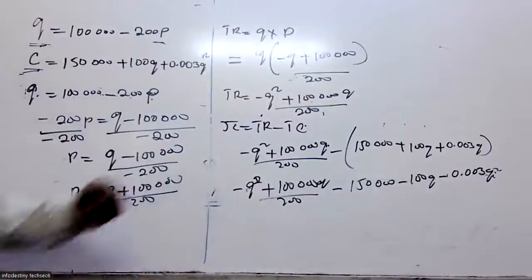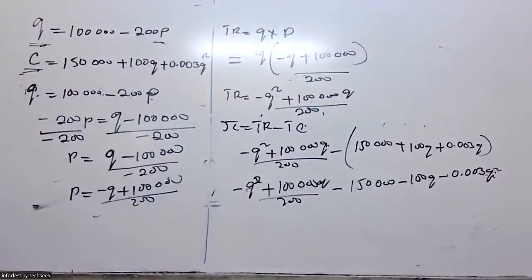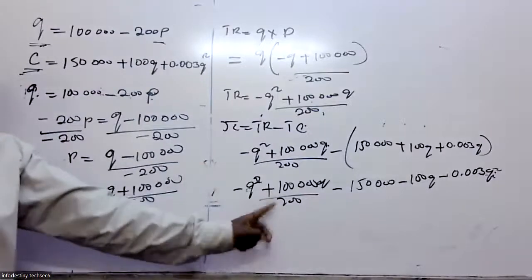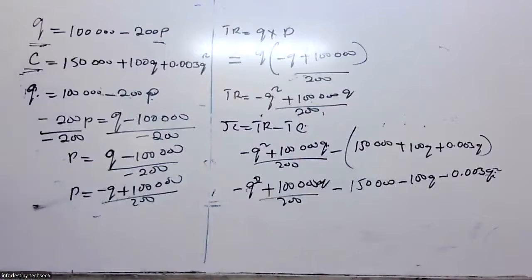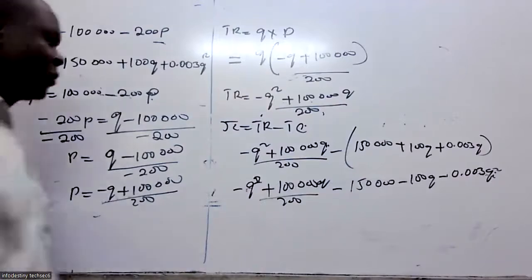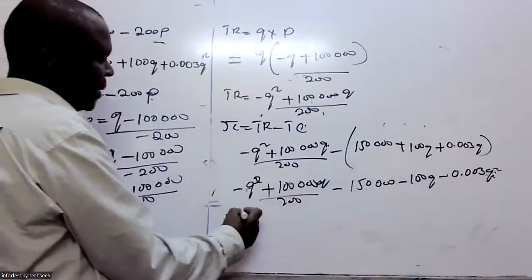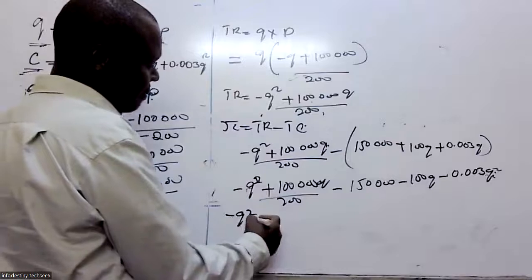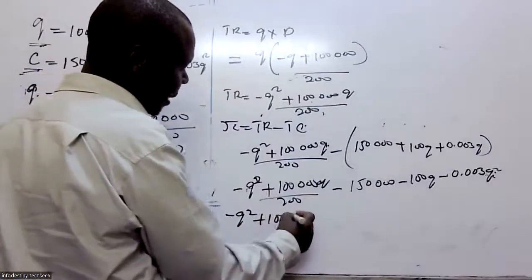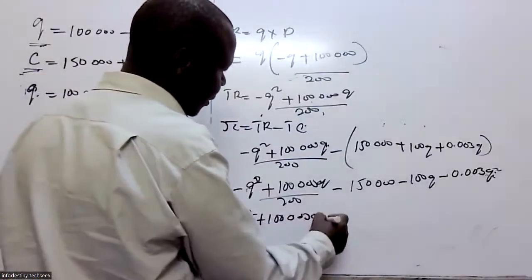Now we have to remove this denominator. For us to remove this one, we multiply everything by 200. So that's going to give us minus Q squared plus 100 Q here.